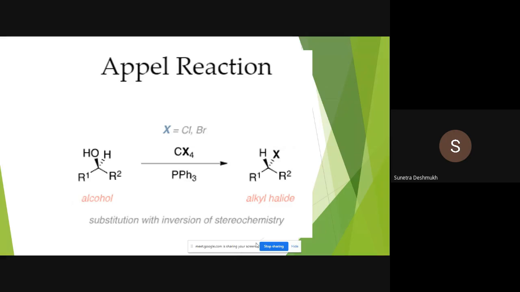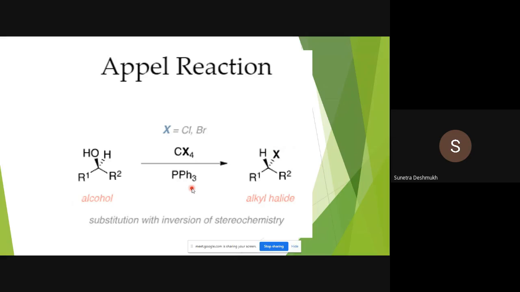So here is the general reaction. An alcohol has to be transformed into an alkyl halide in the presence of a halogenating solvent, CCl4 or CBr4, and triphenylphosphine as a catalyst.